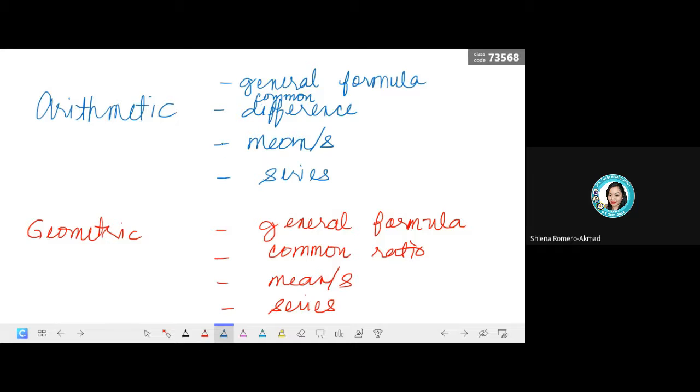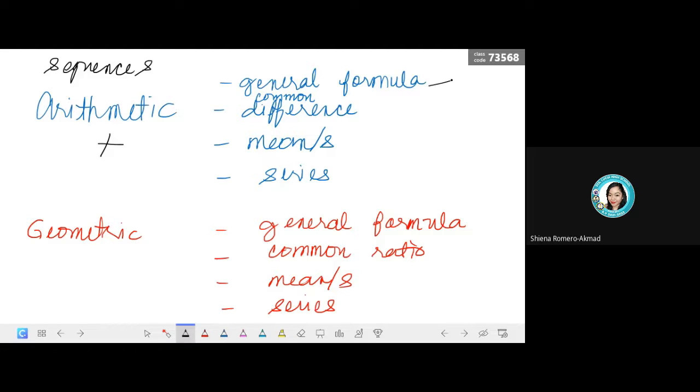So, yun yung mga topics natin ng mga previous lessons. And, of course, these are sequences. So, we have the sequences and its series. So, when we say arithmetic, what we did is we simply add to the previous term para makuha natin yung mga next terms.